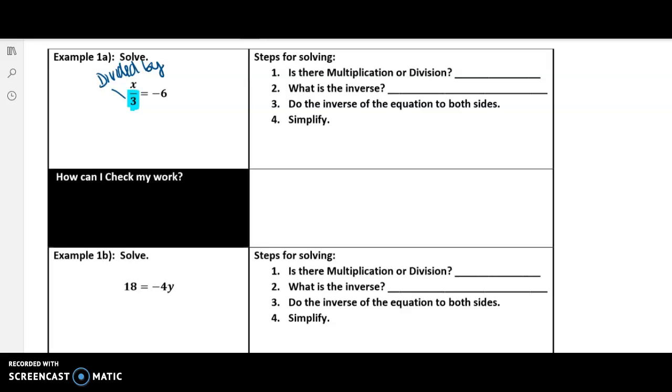So we're going to draw a line down our equals. Remember, that is our first step always. And we have to ask ourselves, do we see any multiplication or division? So a fraction, that means division. So we have division happening in our equation right now. And so the inverse of division is going to be multiplication.